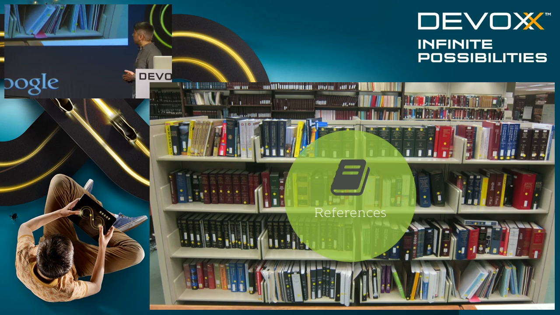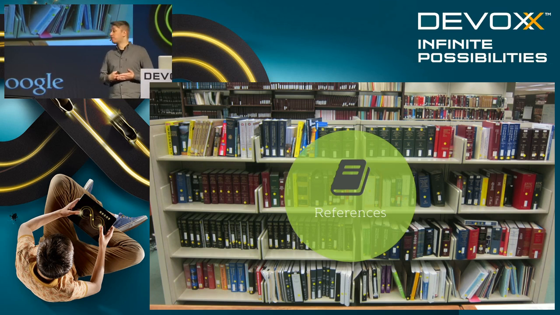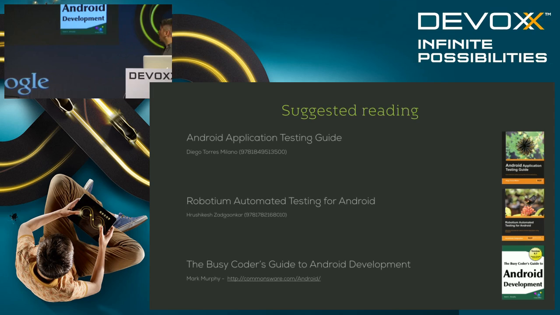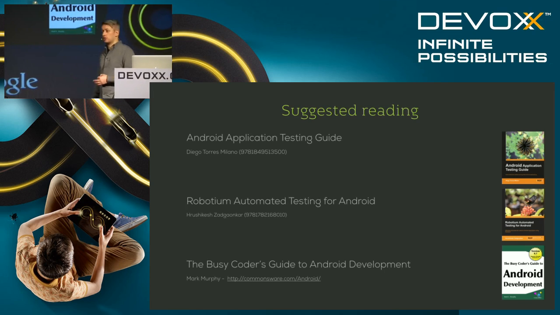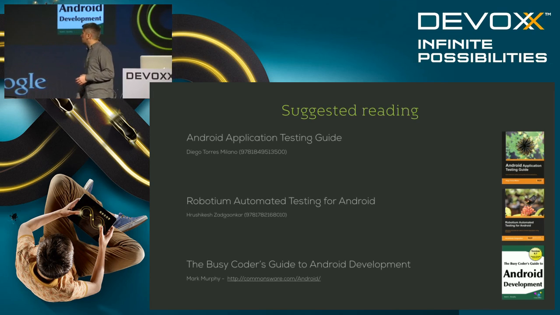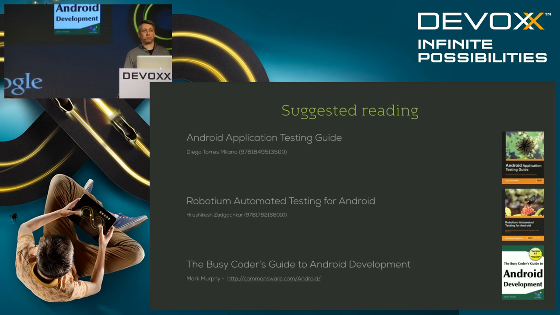So I would like just to end up with a couple of references. The thing is that there don't really exist good books about Android testing. There are a few ones, but the first one I would say is quite out of date already.